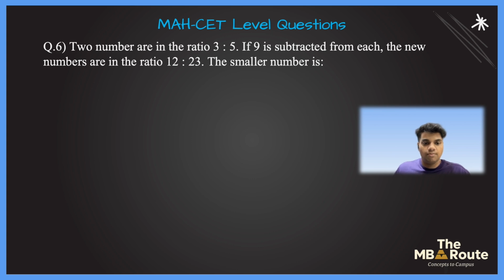Move to the sixth question. Two numbers are in ratio 3:5. Let's take the two numbers A and B. They are in ratio 3:5. If 9 is subtracted from each, the new numbers are in ratio 12:23. A good question.